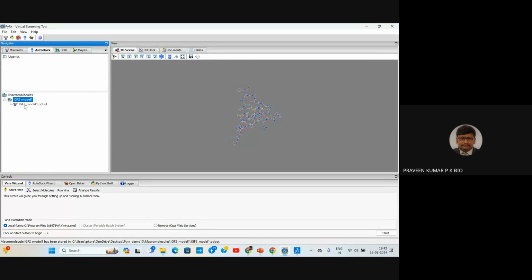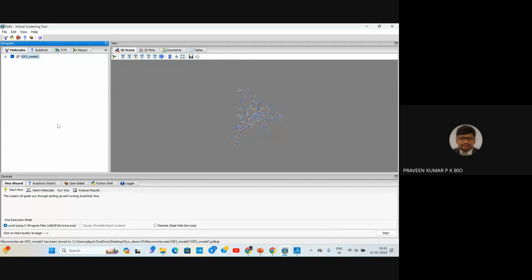If you expand it, you can see this. My protein molecule is now going to be saved as pdbqt in that step. Okay, you got it. So right click AutoDock macromolecule. That's it. Now the next step is to convert the ligand, whatever you downloaded.